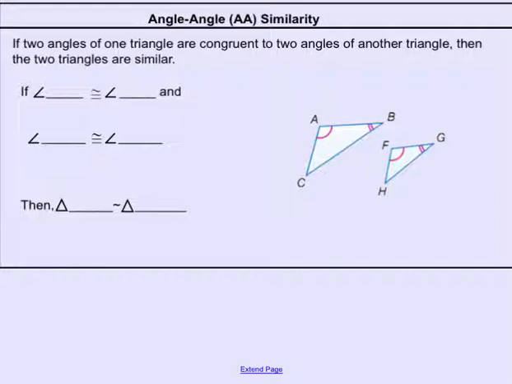A lot of the properties we use to prove that triangles are congruent also apply to proving that they are similar. If two angles on one triangle are congruent to two angles on the other triangle, then the two triangles are similar.